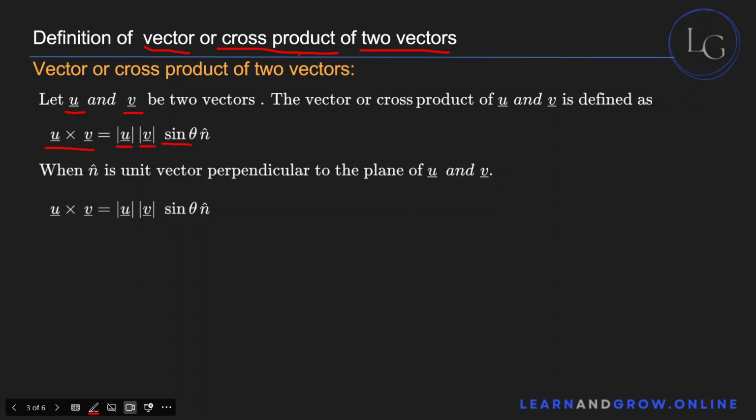Now what is this n? n is a unit vector perpendicular to the plane of u and v. Now it's very important to understand this, because once you understand this, everything becomes clear.